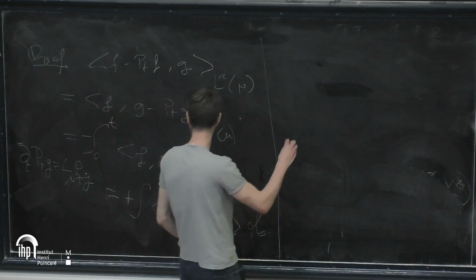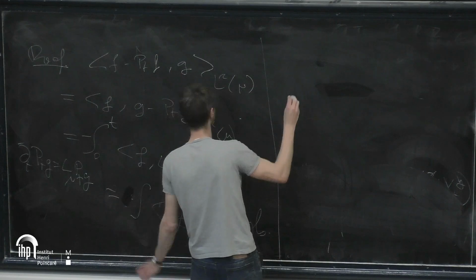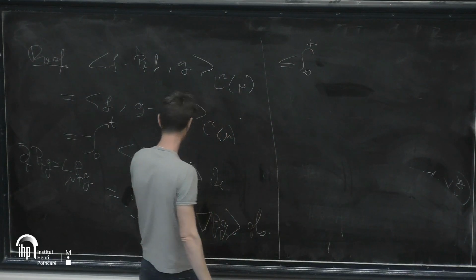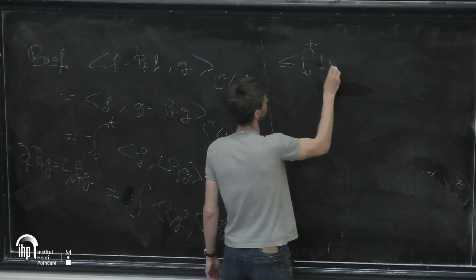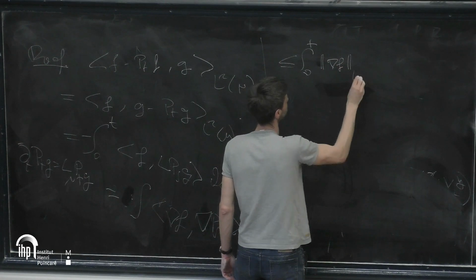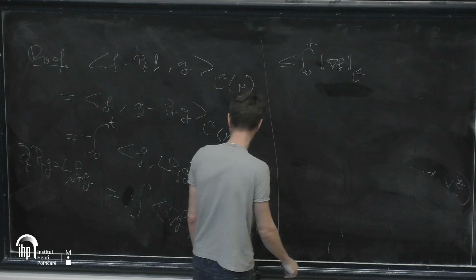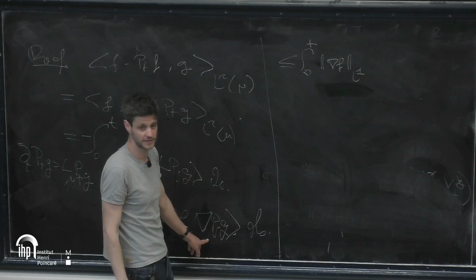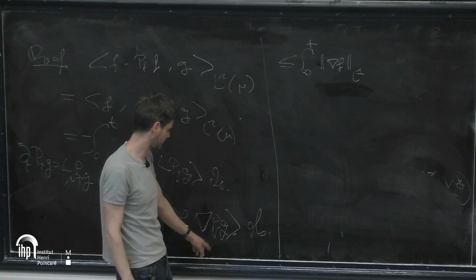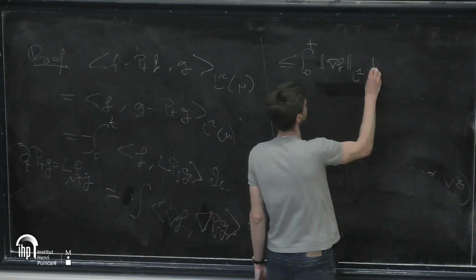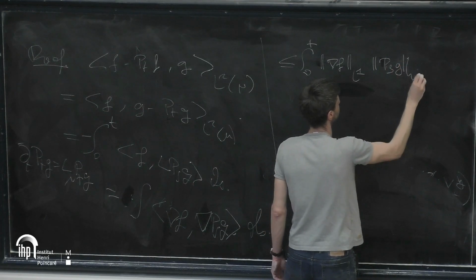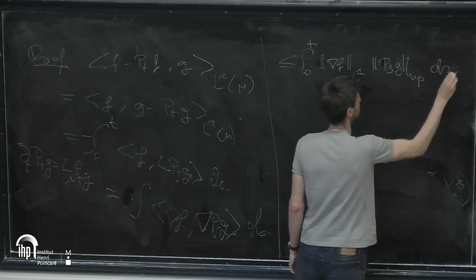So this is less or equal to the integral from 0 to t. I will upper bound this by the L1 norm of grad f, and here by the L infinity norm of grad PSG. So this is the Lipschitz constant ds.